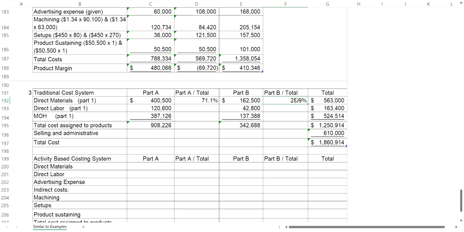The other 28.9% goes to Product B. So 71.1 plus 28.9 is your 100%.